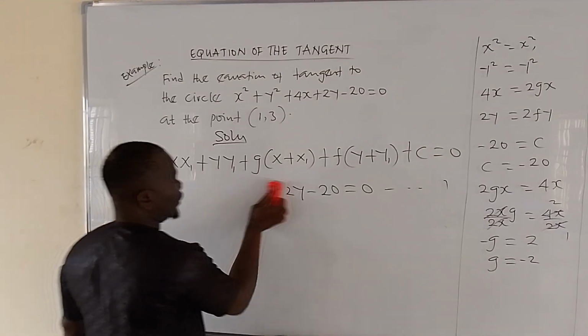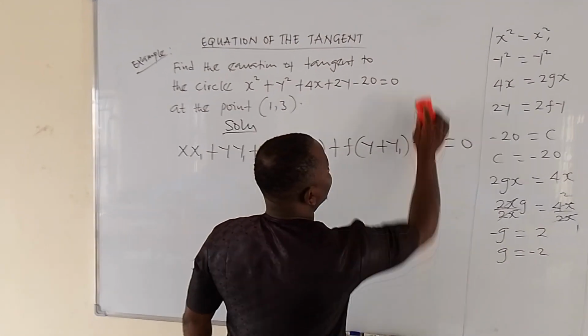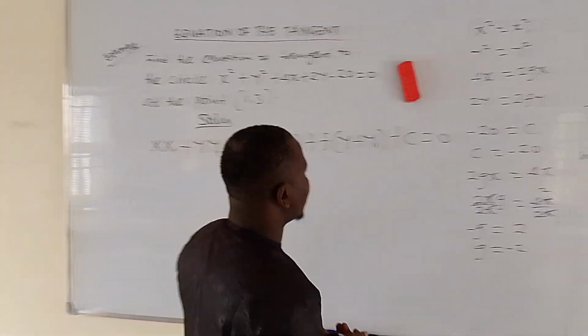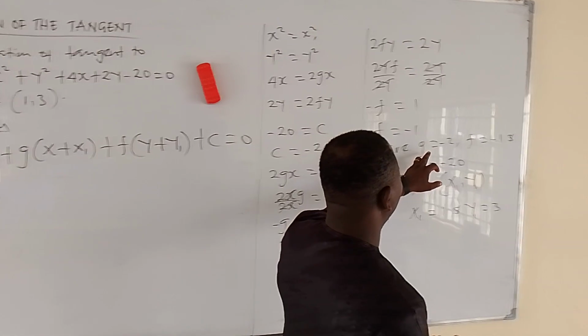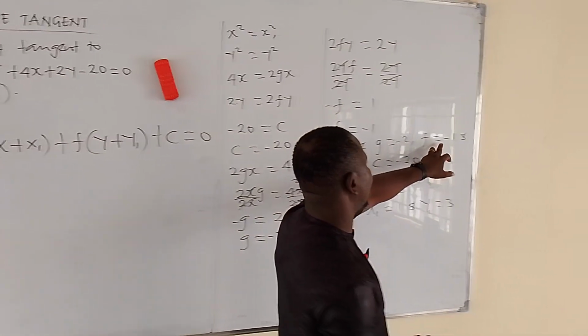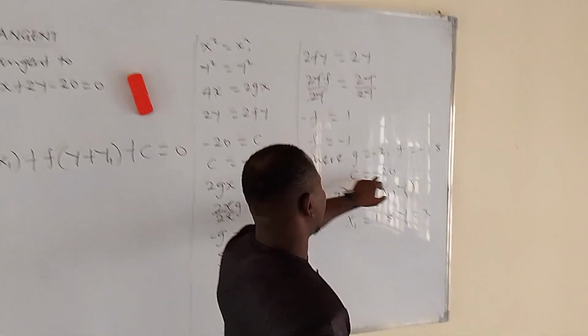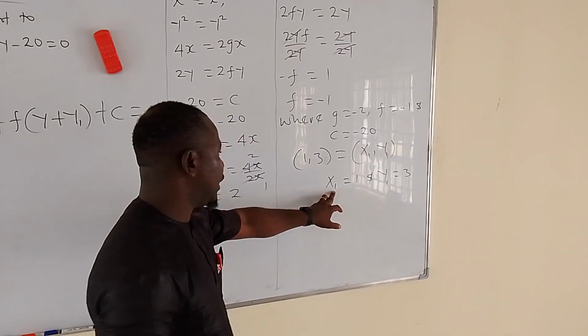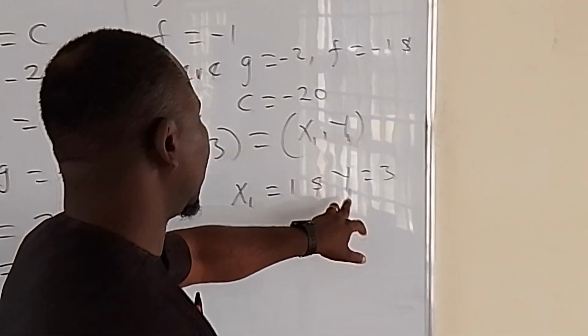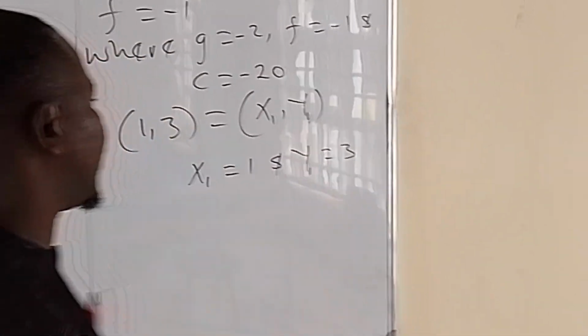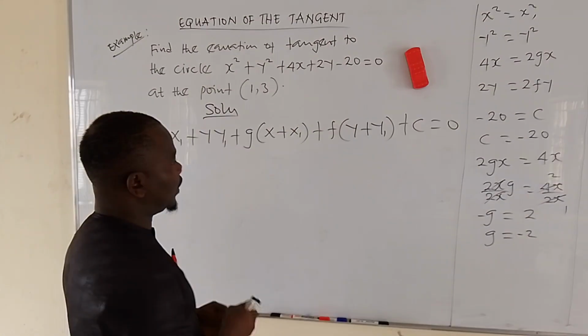Now we are going to use these parameters: g equals minus 2, f equals minus 1, and c equals minus 20. Then x1 is 1, y1 is 3, to substitute into this equation of tangent.